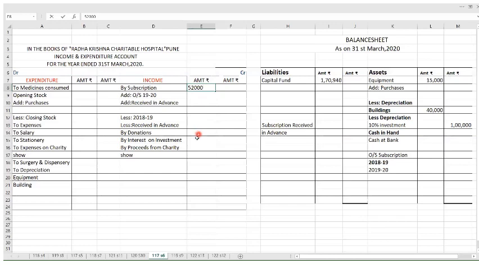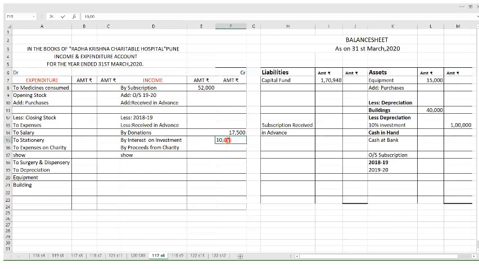Then next donations, it is general, so we're going to transfer that amount to the income and expenditure income side by donations, 17,500. Then the next interest on investment, it will also transfer to the income side by interest on investment, amount is 10,000.